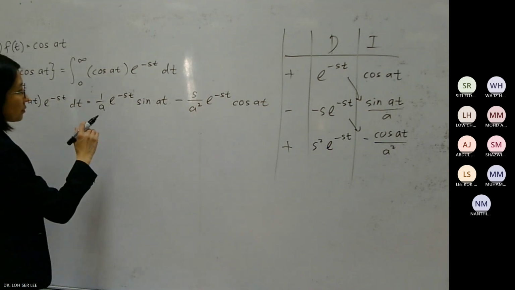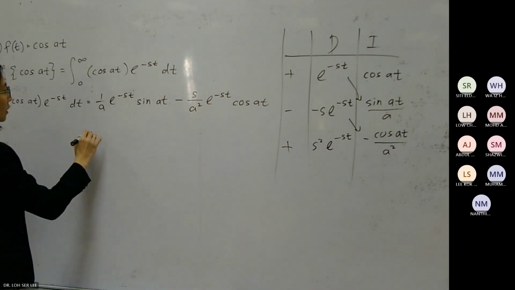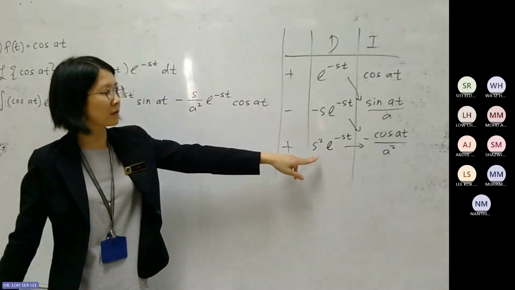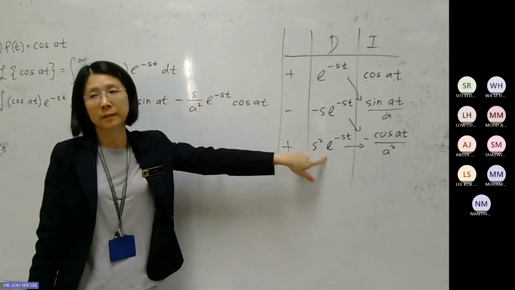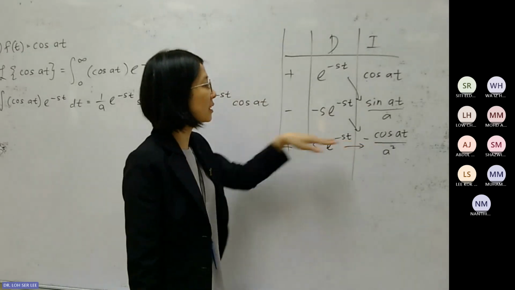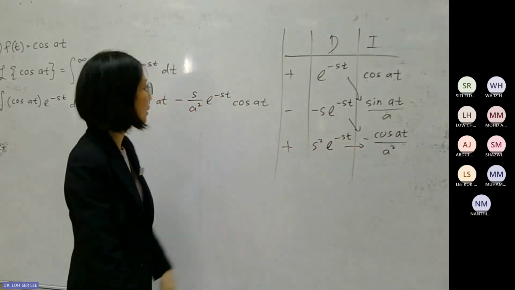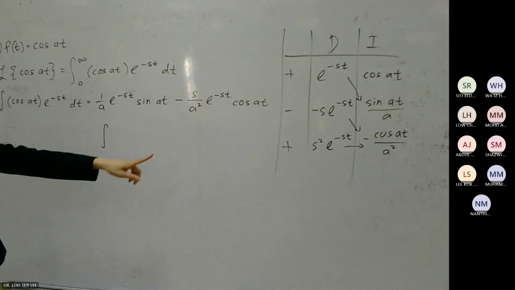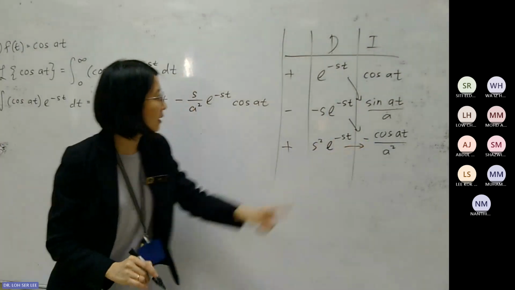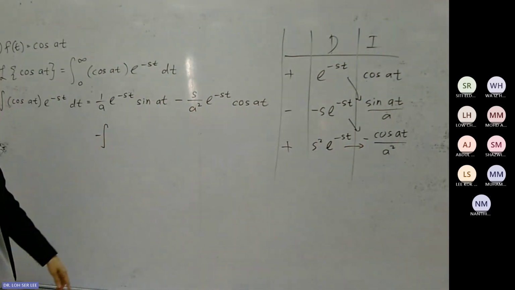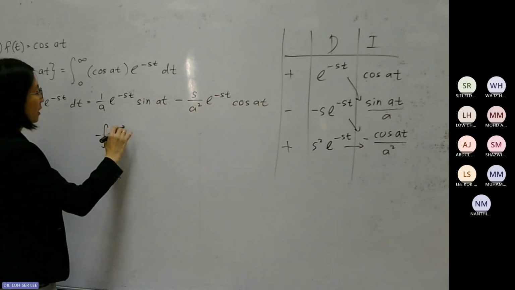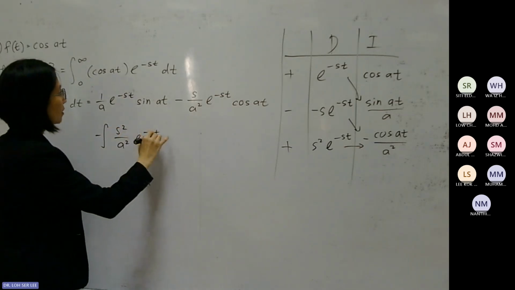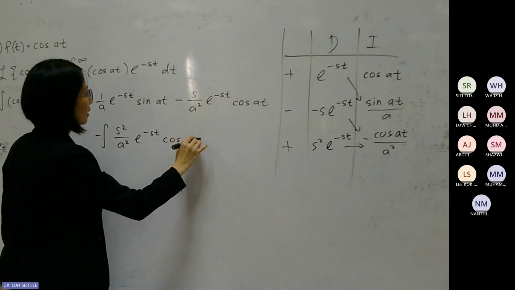That's correct. Then one more. Because this is not 0, we can't get 0 from here. So the last one must be a horizontal arrow. The horizontal arrow must come together with the integration sign. So plus, minus, we have minus s squared over a squared e negative st cos at.